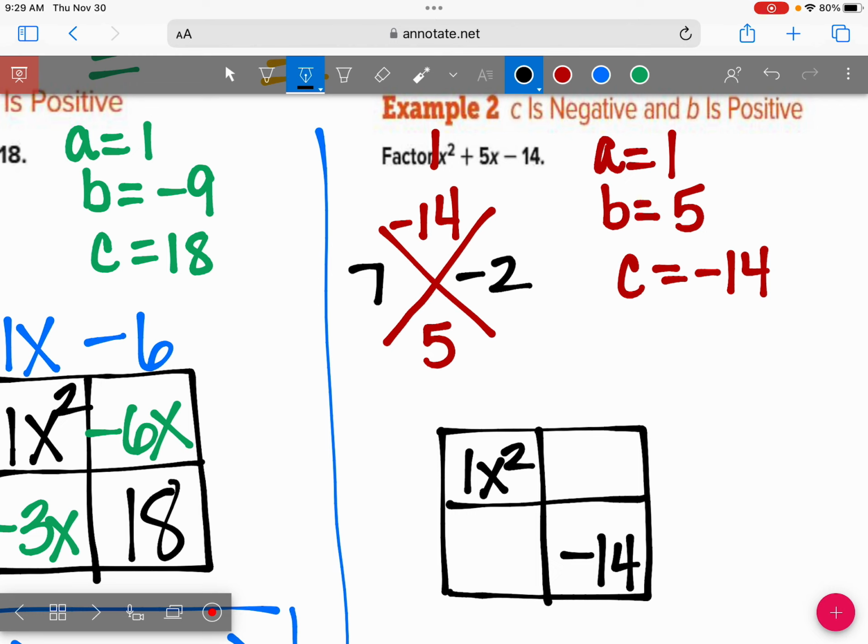So I'm going to put a +7x in one square and a -2x in the other square. All right, go ahead and take out your GCFs. So now you're taking stuff out of the box instead of filling the inside of the box. You're looking at 2 squares at a time, giving me the greatest common factor. 2 squares at a time.